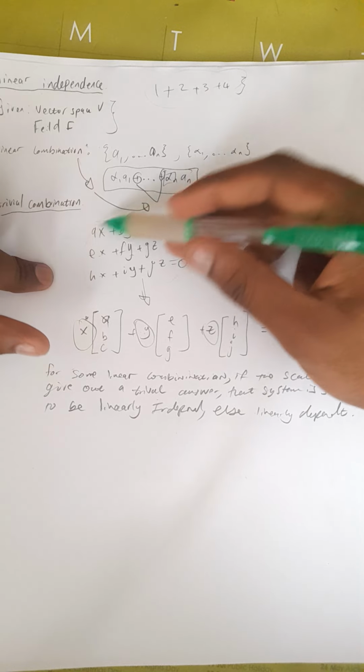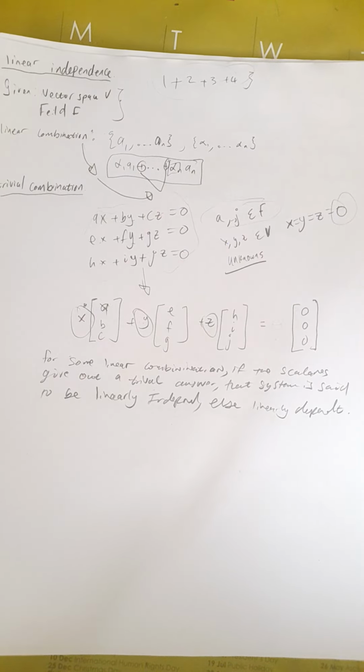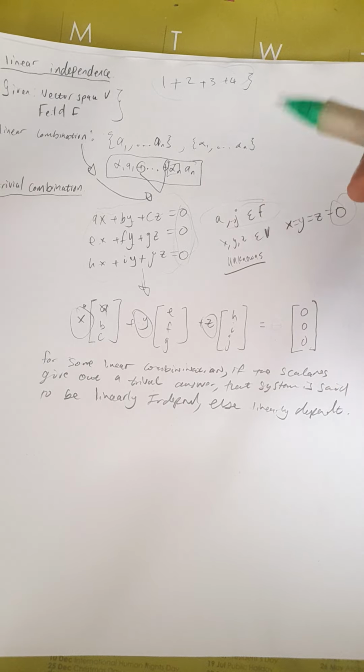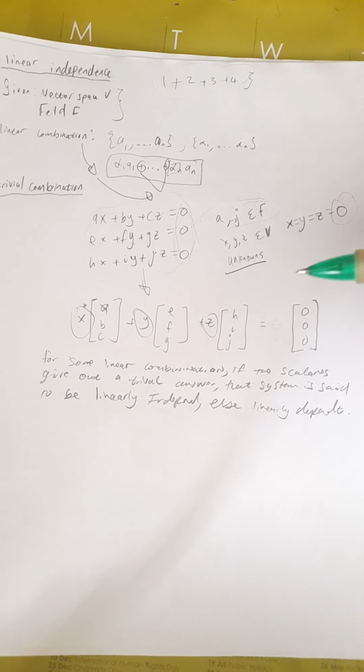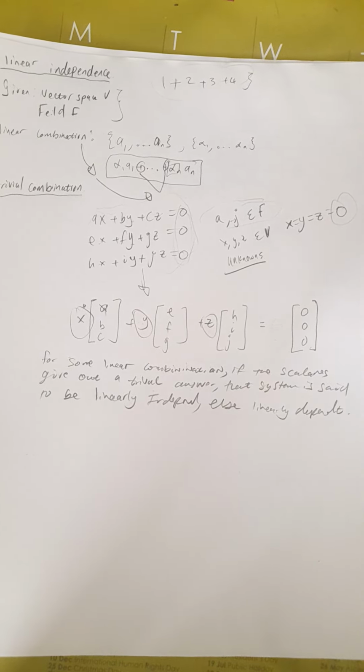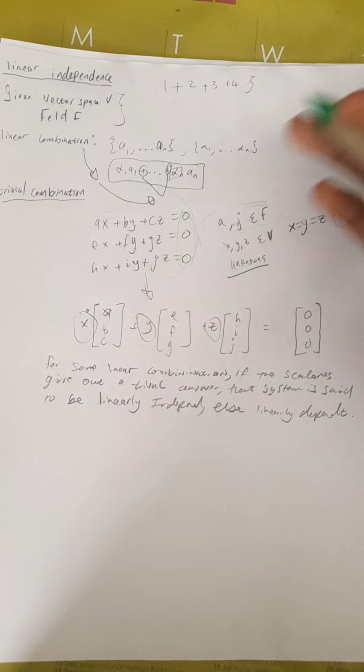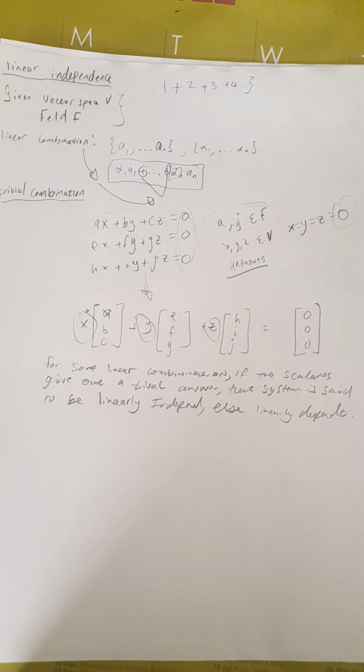However, coming back to this case, if there does exist a solution to the system of equations, then it is not linearly independent. Why? Because there is some other way for us to get to this column of zeros. Notice that in a linearly dependent system, there are two solutions. The solution, according to what we have defined, the hard solution, the solution of normal scalars: any scalar that would make this system become 0.